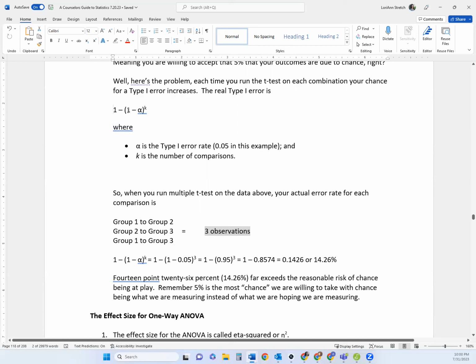So when I use this formula to determine the actual risk of comparing these individually as pairwise comparisons, it's going to actually raise my significance level to 14.26, which far exceeds the acceptable significance level of 5%, our alpha level. So our risk is going to be 14.26% that chance alone is at play and not what we're actually studying. So for that reason, we're going to make sure that we use an ANOVA and not multiple t-tests when we're looking at one group of data.